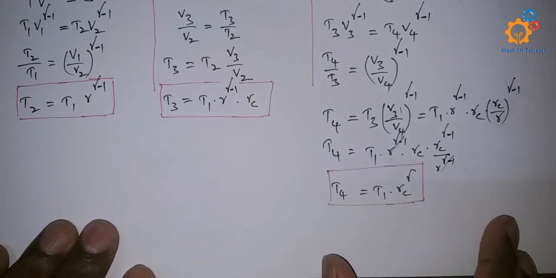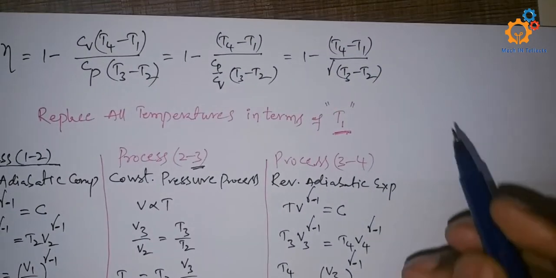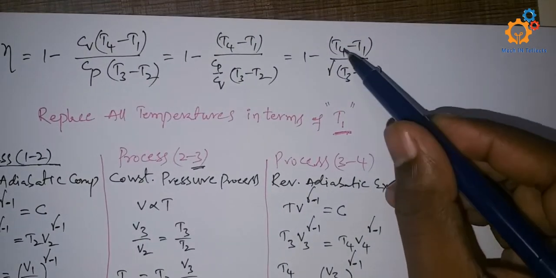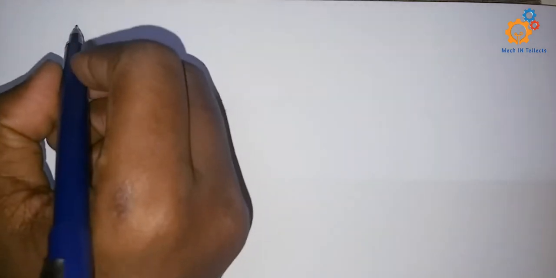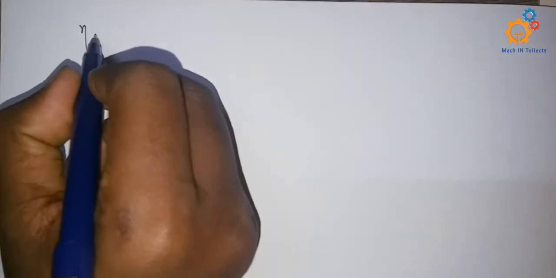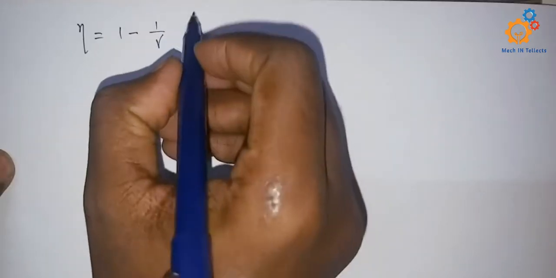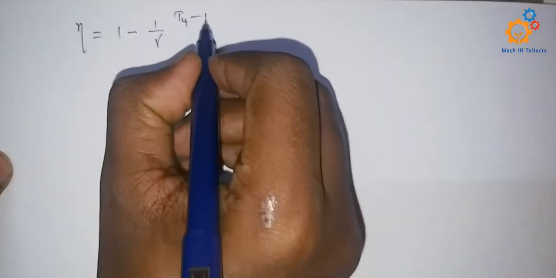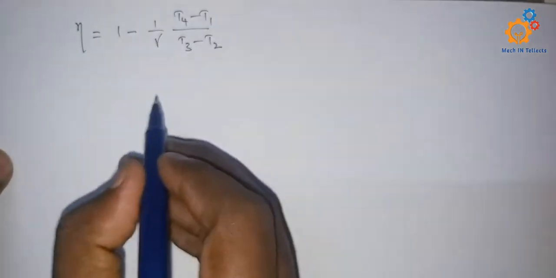I can directly find the expression of efficiency by substituting all the temperatures in this equation. Okay, let's do that. I am writing the same equation again. Efficiency is equal to 1 minus 1 by gamma, T4 minus T1 by T3 minus T2.